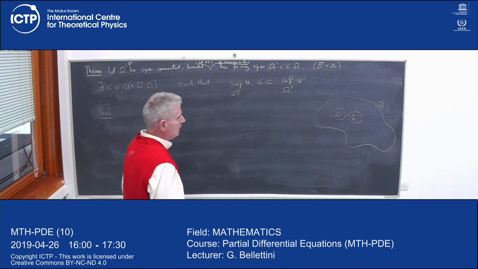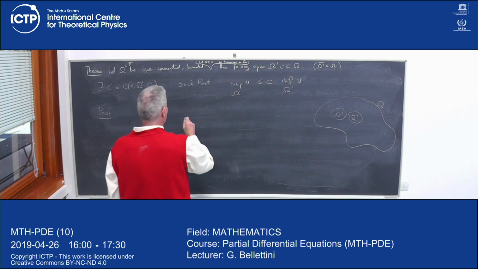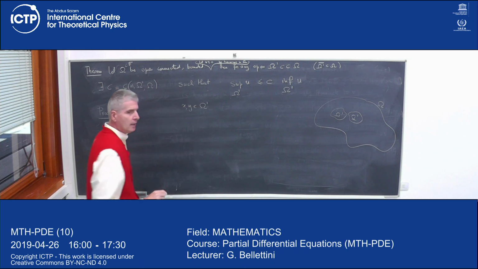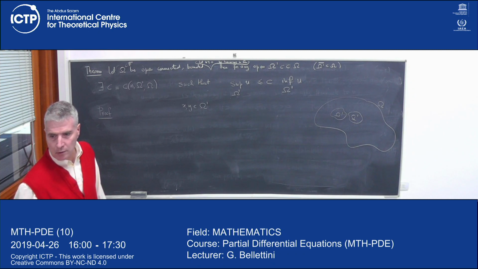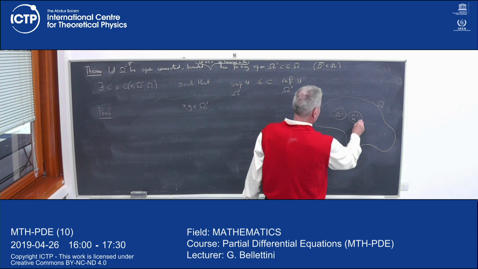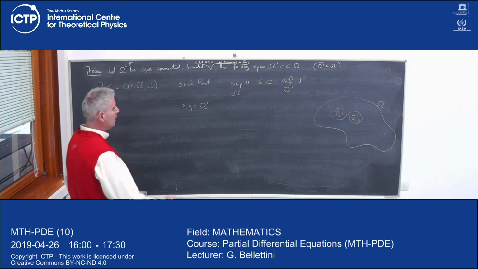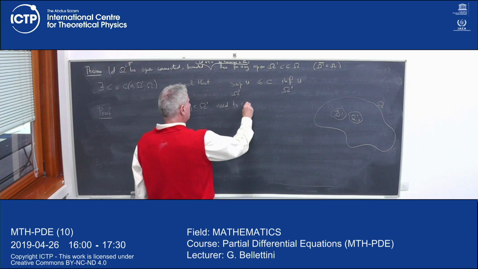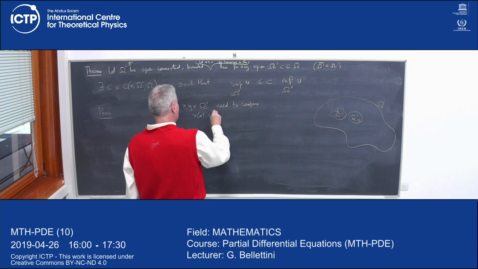And the idea is this, and then you have to take 2 points, x and y, in omega prime, and then start to compare u of x with u of y, as before.